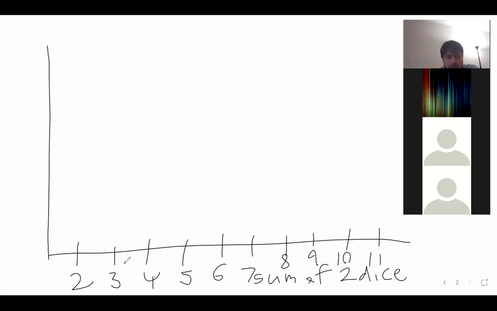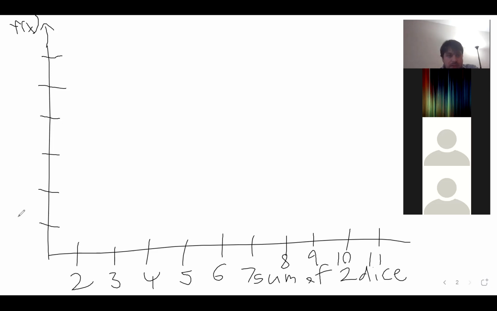Okay. And so the probabilities that we put here, 1 over 36, 2 over 36, 3 over 36, 4 over 36, 5 over 36, and 6 over 36. And so these are going to be values of f of x, the probability distribution function.